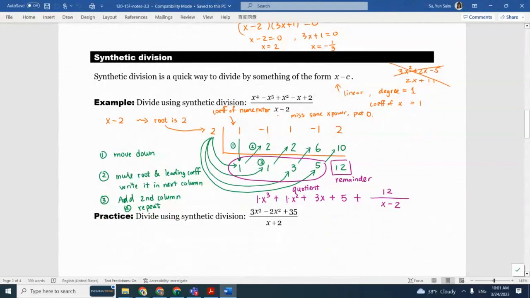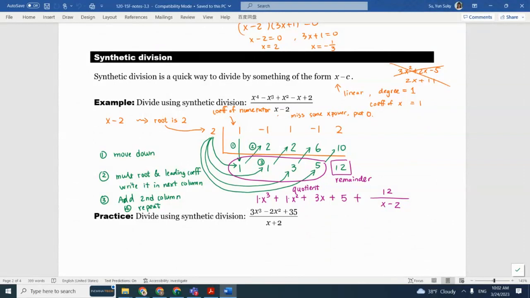But synthetic division is so restrictive because it only works for a linear divisor. Linear means the power of x must be 1, and also the coefficient of x must be 1. C could be a positive number or a negative number, so x minus c could be like x minus 2 or x plus 5.